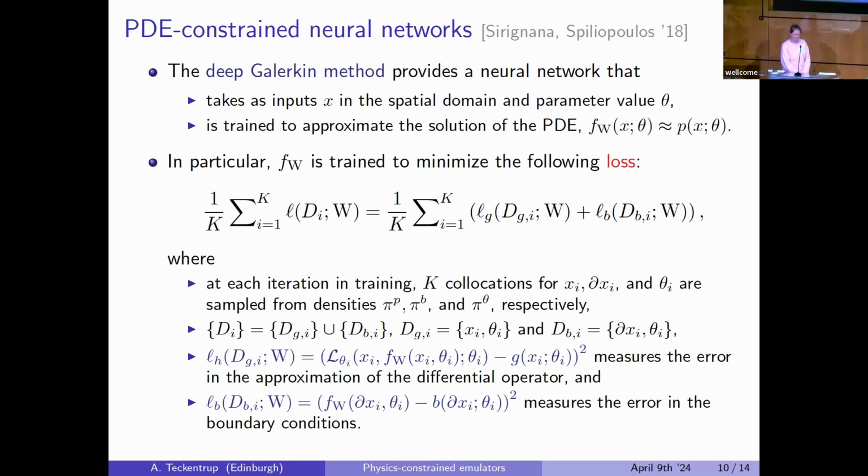Thanks for a great talk. How do you put a prior on neural network weights? What do you use? I think we just use a Gaussian. So we just put IID Gaussian weights, zero mean, and I don't remember what variance. Do you think that matters? Will that not affect your results?